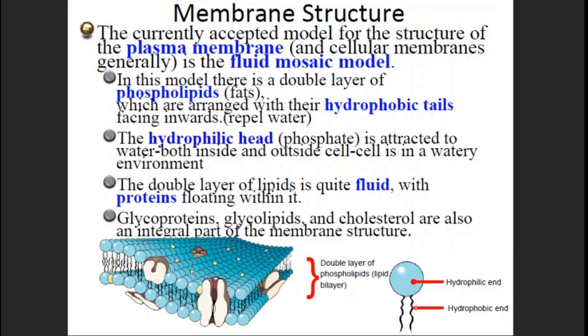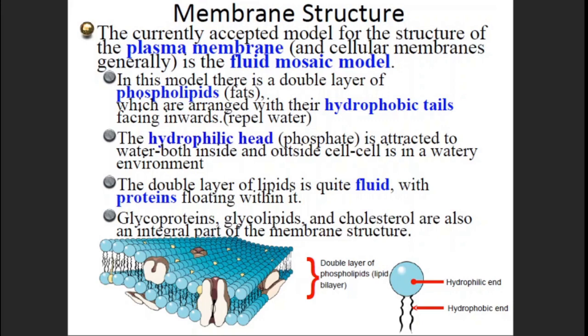The currently accepted model for the structure of the plasma membrane is the fluid mosaic model given by Singer and Nicolson. In this model, there is a double layer of phospholipids, that is fats and phosphate heads. We call them phospholipids, which are arranged with their hydrophobic tails facing inwards, while the phosphate groups are facing outward.